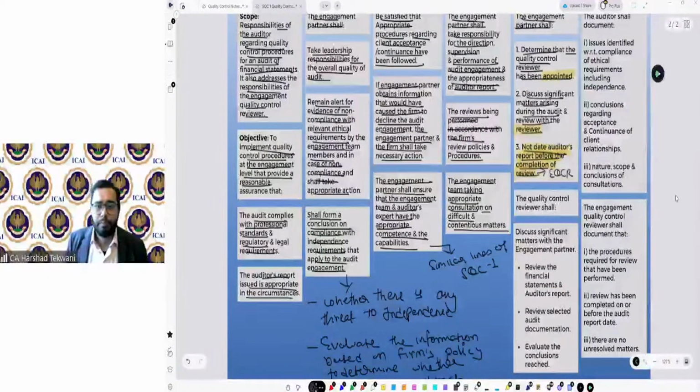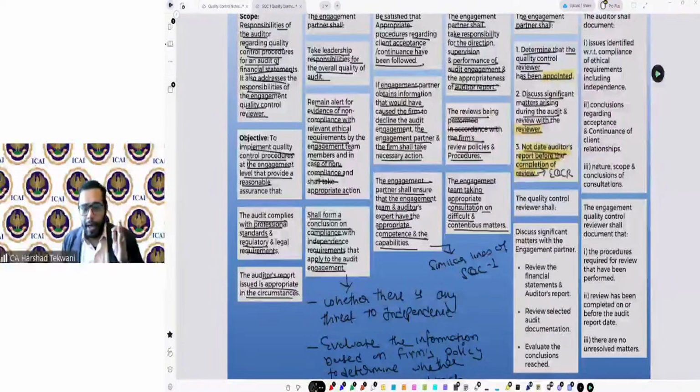Now, also as per SA 220, the engagement quality control reviewer is required to perform certain steps. SA 220 says that the engagement quality control reviewer shall perform an objective evaluation of the significant judgments made by the engagement team and the conclusions reached in formulating the audit report. So the engagement partner should discuss the matter, and the reviewer should objectively evaluate.